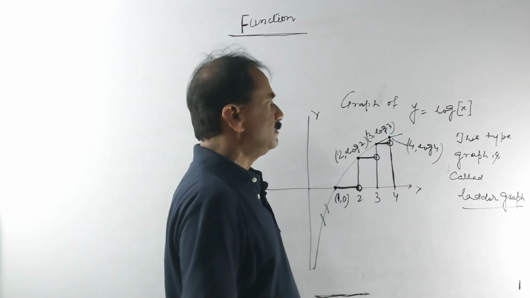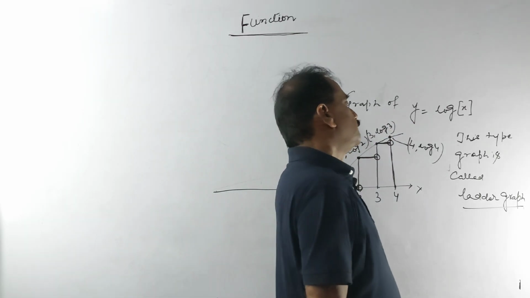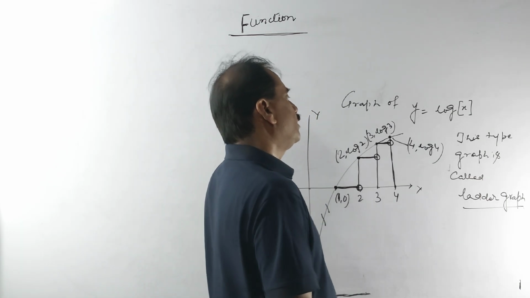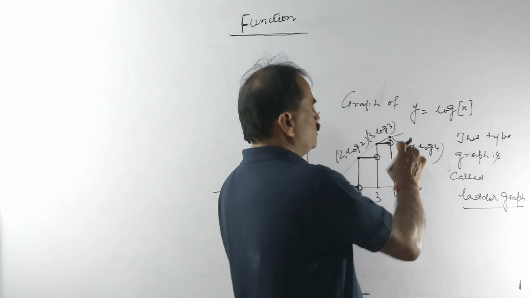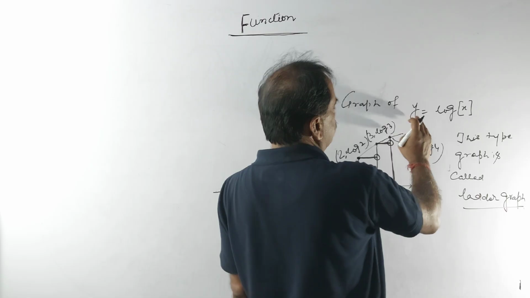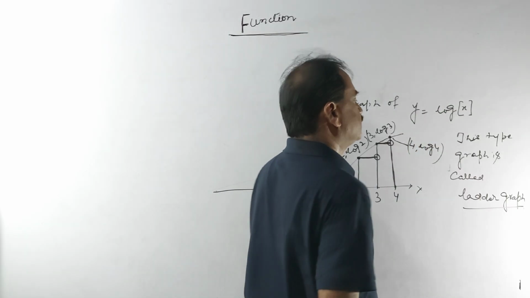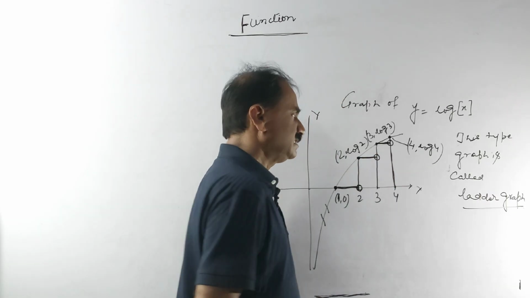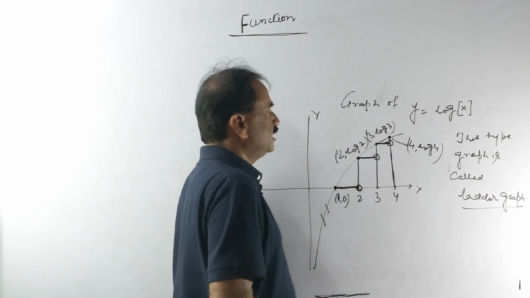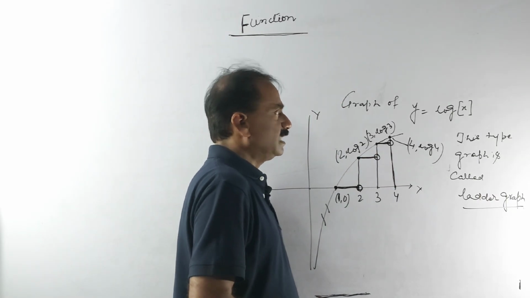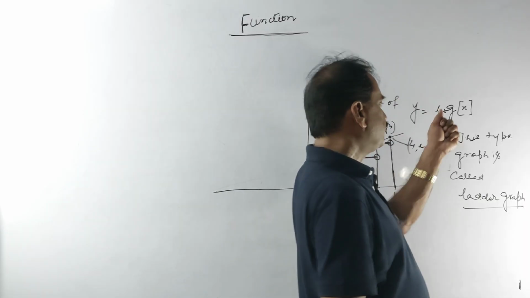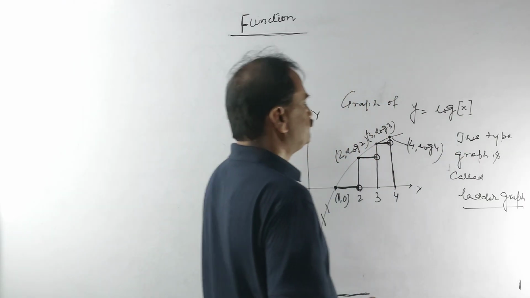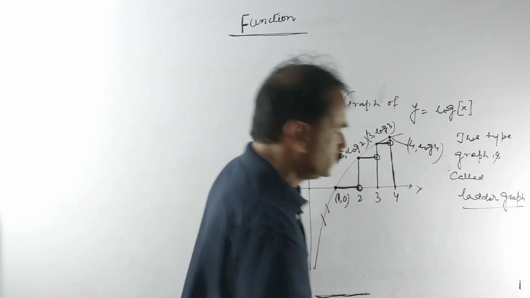In all graphs of functions like y equal to f of greatest integer x, a ladder graph comes out. All such graphs appear as a ladder. So this type of graph, that means a graph of type y equal to f of greatest integer x, is a ladder graph.